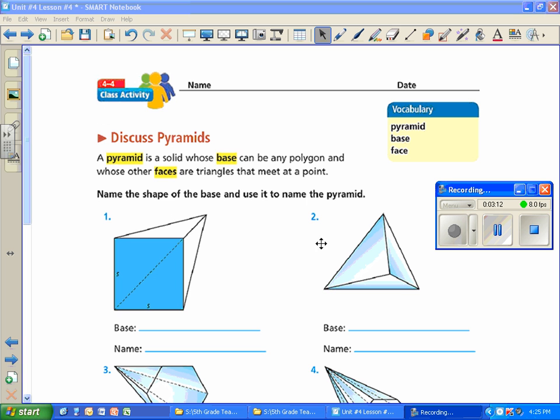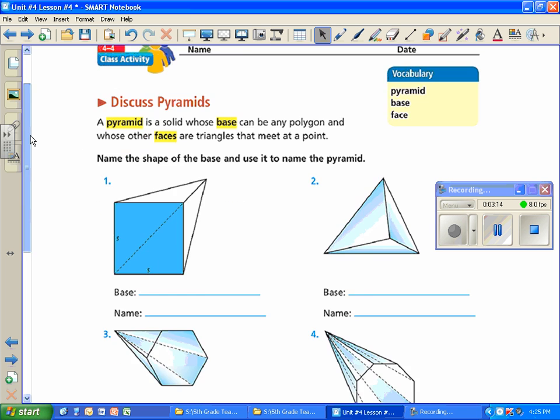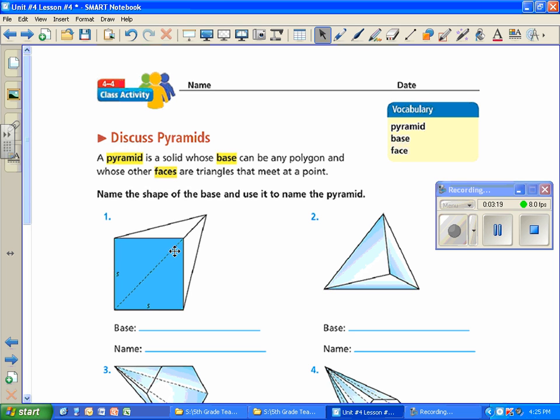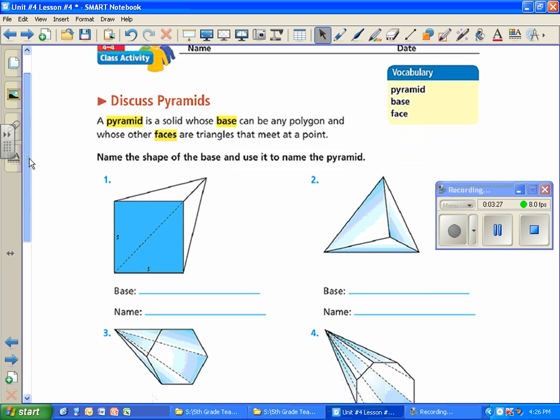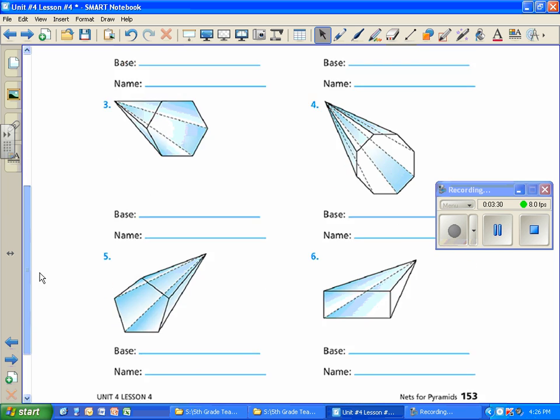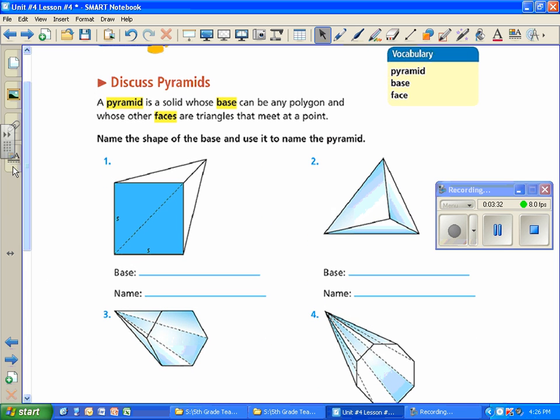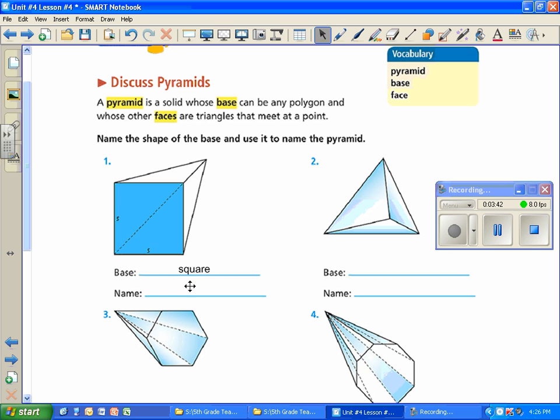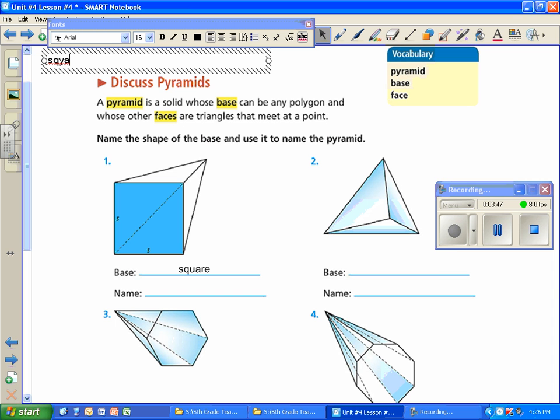Alright, so let's take a look at 4.4. This is page 153 in your textbook. And it wants you to name the shape of the base and use it to name the pyramid. So let's look at number 1, 2, 3, 4, 5, and 6. If you look at the base of number 1, you'll recognize that the base is a square. So the name of this pyramid would be a square pyramid.